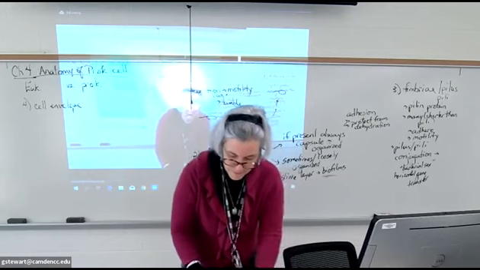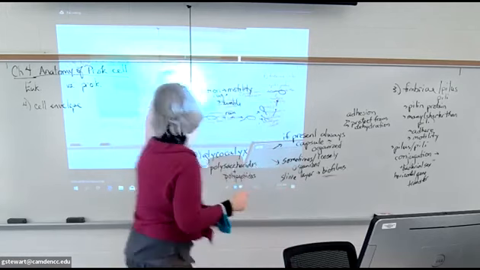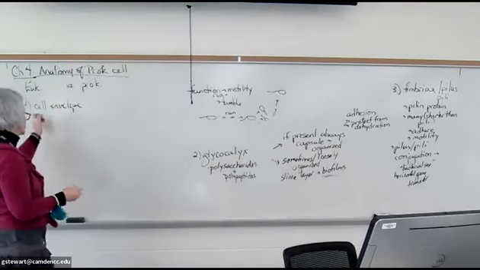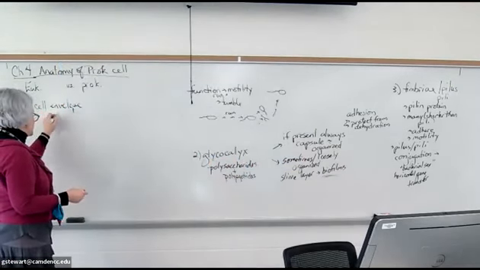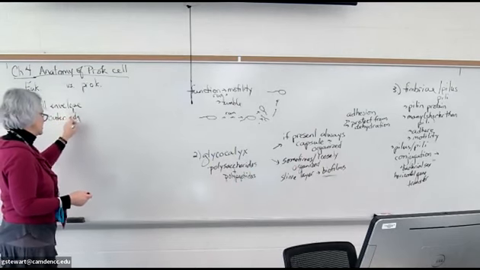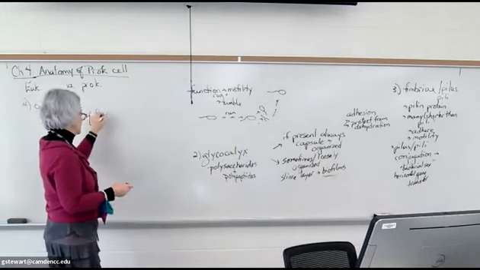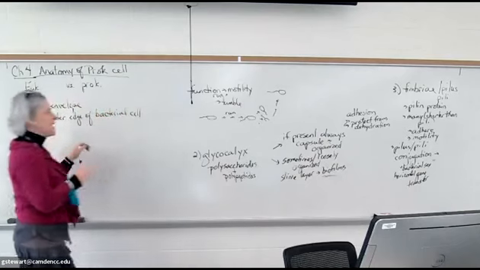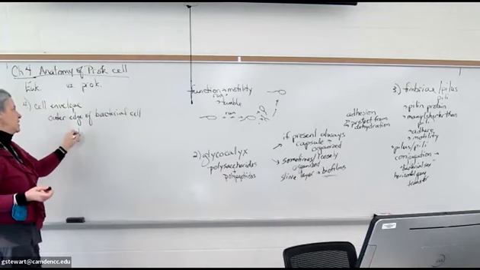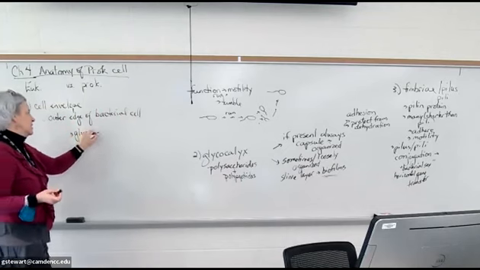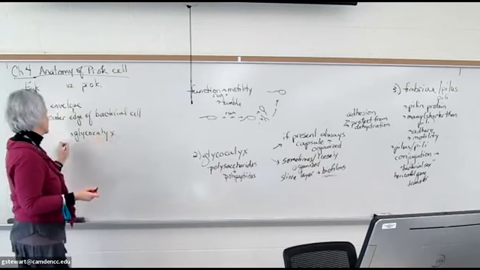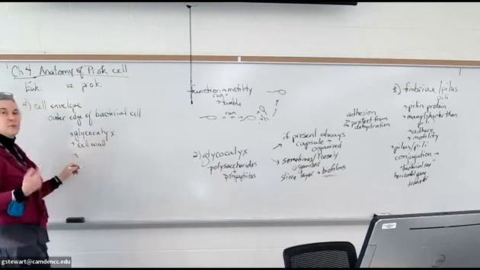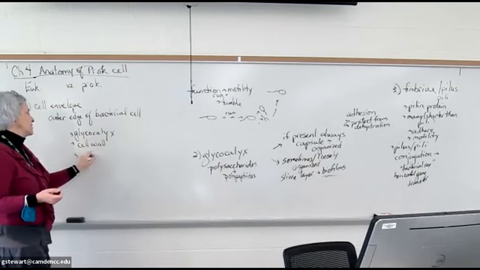Yeah, cell envelope, right? So the outer edge of the bacterial cell. So this may include glycocalyx, cell wall, and then we would also consider cell membrane.